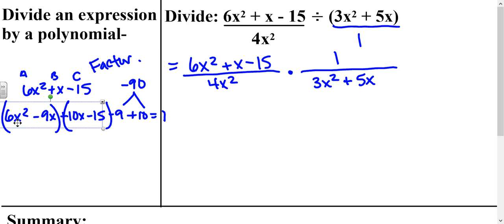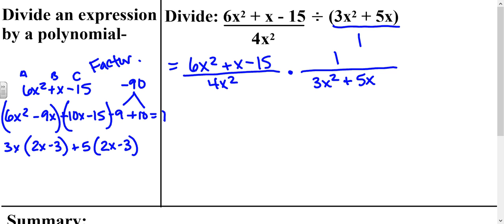So then the greatest common factor of this first group would be 3x. And I would have left over 2x minus 3. And then the greatest common factor of this group would be 5. And so I would have left over 2x minus 3. So then they both have 2x minus 3 in common.